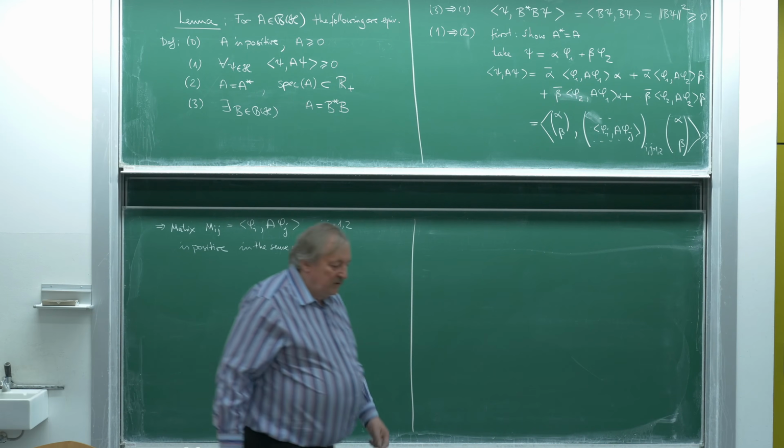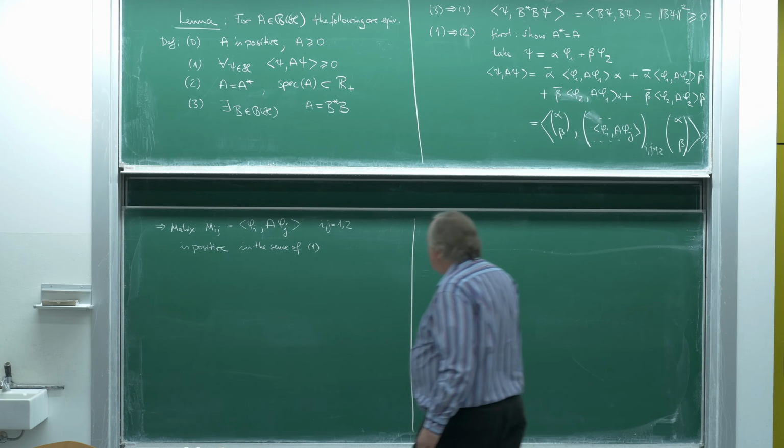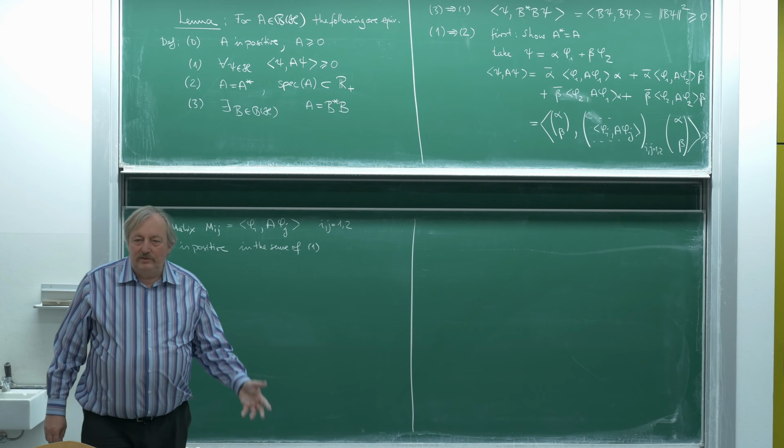So I'm talking about 2 by 2 matrices, and so how do I get the positive 2 by 2 matrices?